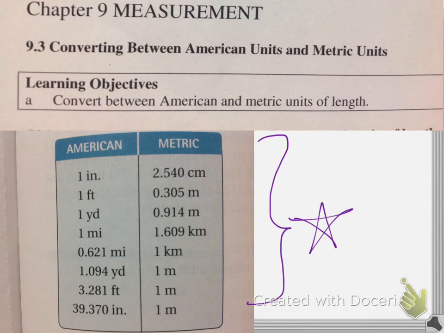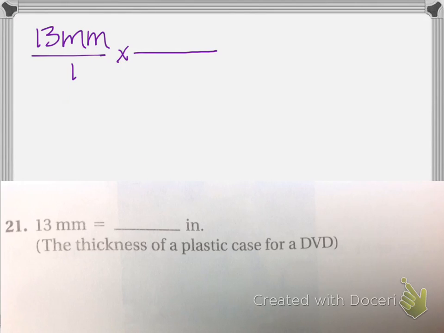And I don't. So because I want millimeters to cancel, I'm going to take millimeters to meters. I know that there are 1,000 millimeters in 1 meter. But meter isn't my final unit either.